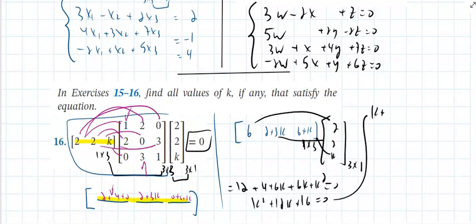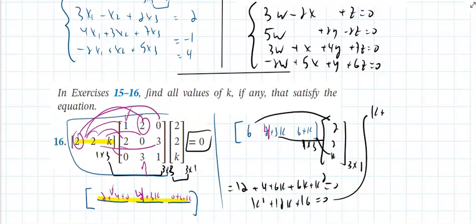That is k plus, let's see how that works. To get a 12 out of those, let me check. Yeah, I figured I made a mistake here. 2 times 2 is a 4.